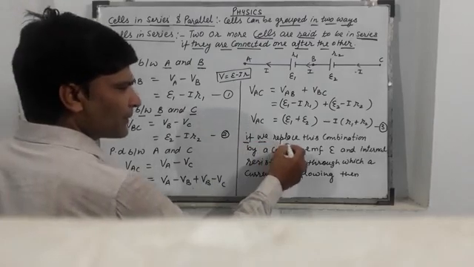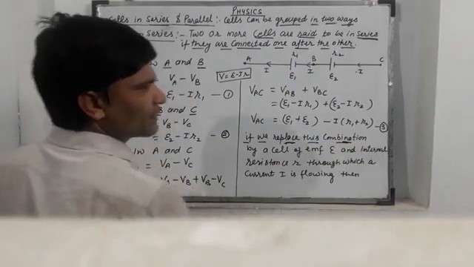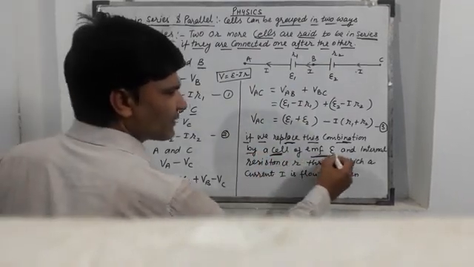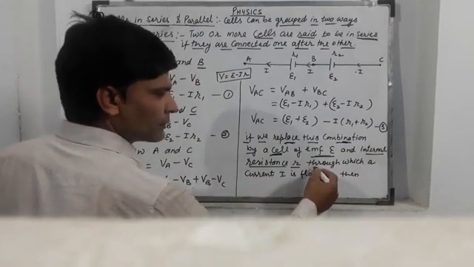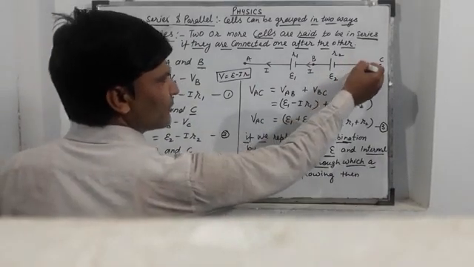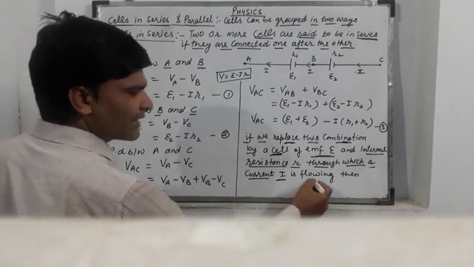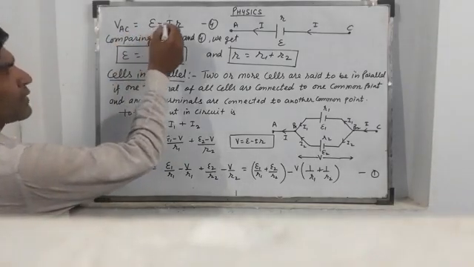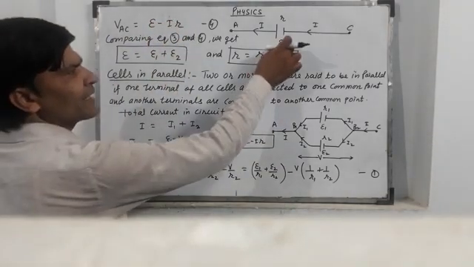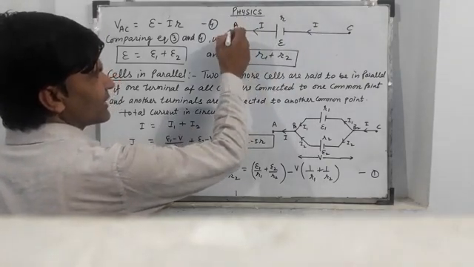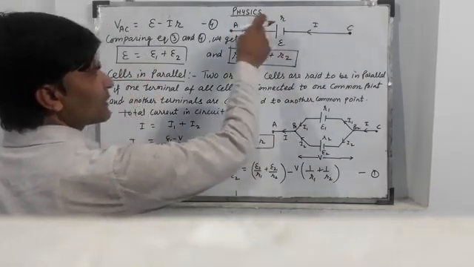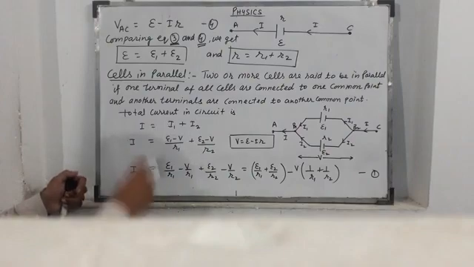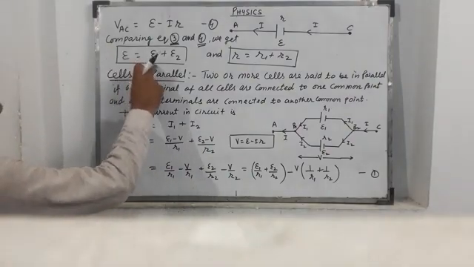Now, if we replace this combination by a cell of EMF E and internal resistance R, through which the same current I is flowing, then VAC is equal to E minus IR, because the cell of EMF E and internal resistance R is connected between points A and C. This is equation 4. Comparing equations 3 and 4, we get total EMF E is equal to E1 plus E2.